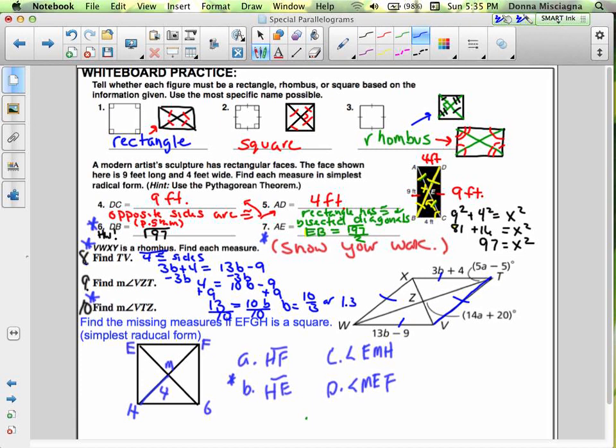So TV equals, let's plug it into the 3b, because that's going to simplify nicely. So 3 times 10/3 plus 4. Man, I guess I should have moved some of the problems.